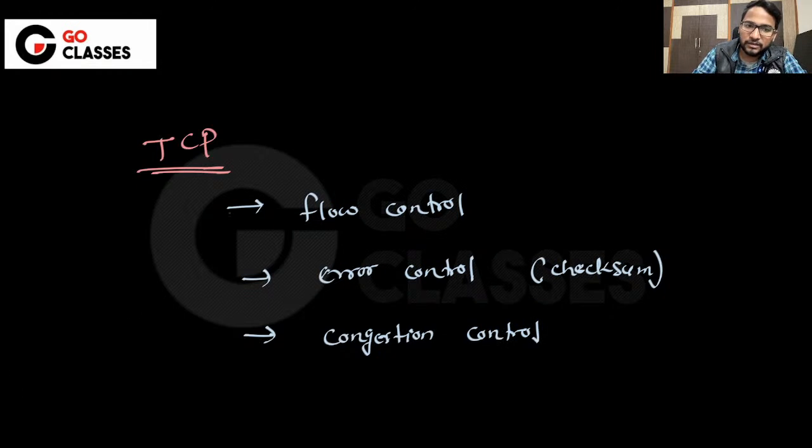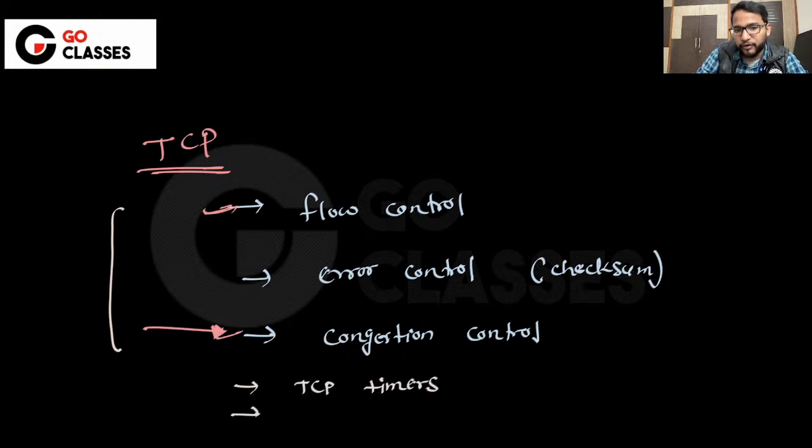So these three topics, effectively these two topics, and this is the major topic that we want to discuss, because flow control is just using the window. I will explain how we do flow control, but this will not take much time. Majorly we will be focusing on congestion control because it is a bit lengthy topic. And then once all of this is finished, we will be talking about TCP timers.